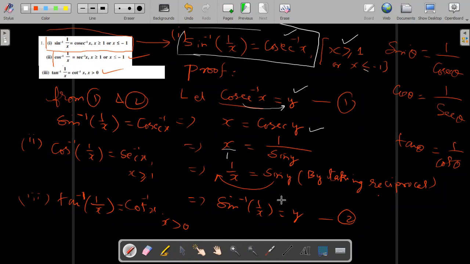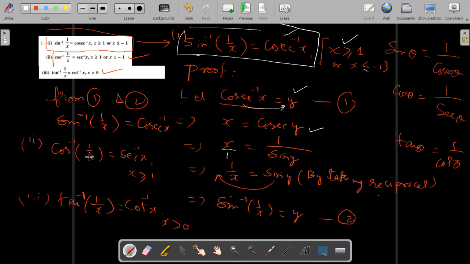Then sine inverse of 1 by x is equal to y. So this is equation number 2. From first and second, the value of y is the same, so we can say that sine inverse 1 by x is equal to cosec inverse x.